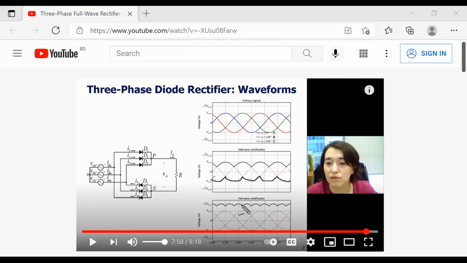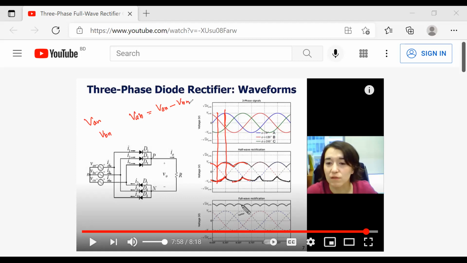Okay, suppose this part is nothing but the negative part of this one. So suppose here, as she mentioned, this is your VAN, and this is your VBN, so how can we get VAB? Vectorially, is it not VAN minus VBN?